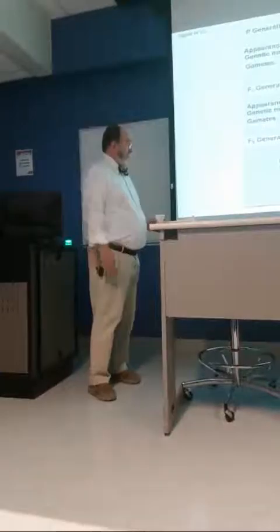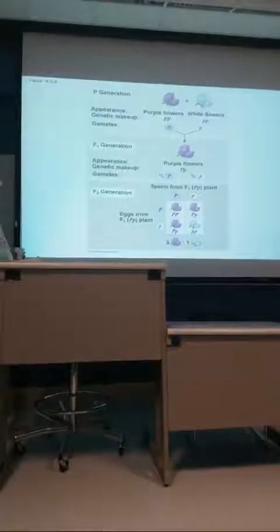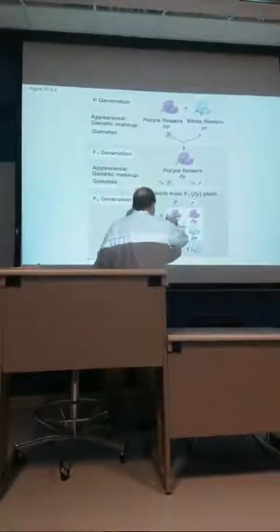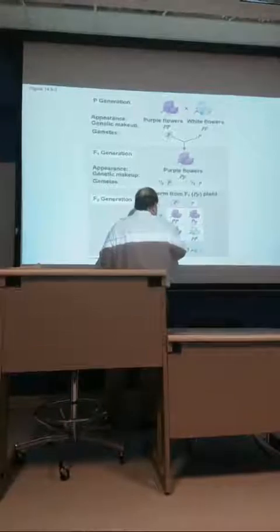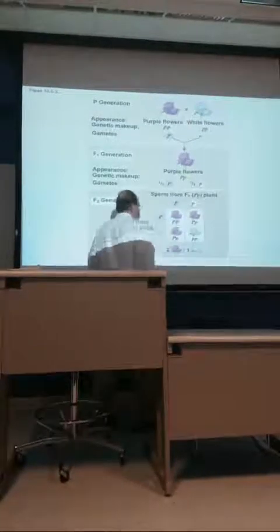And in the F2 generation, if you cross the F1s, you always get that 3-to-1 ratio. Same process. This one goes here, that one goes there, this one here, that one here.